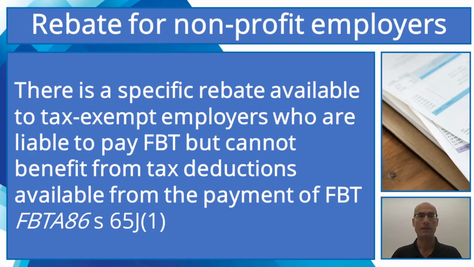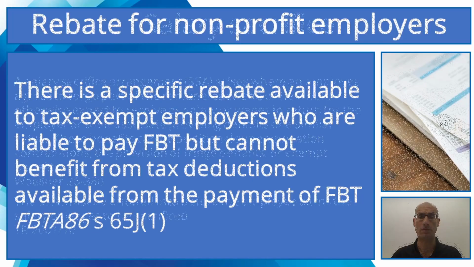However, that means that tax-exempt employers aren't going to get the benefit of those tax deductions, so they're absolutely worse off. As a result, there is a specific statutory exception providing a rebate of a fraction of the amount of FBT that's paid for these specific types of employers.